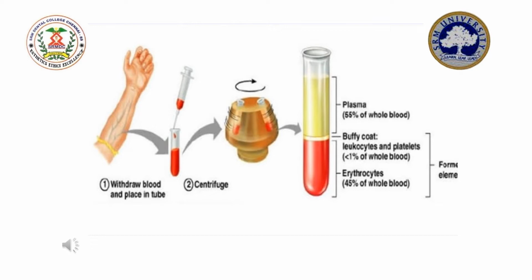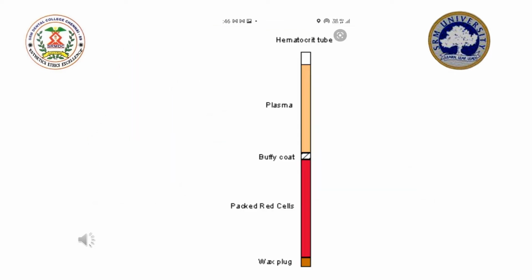Once the centrifugation has occurred, the different layers are noted. The lower layer is composed of packed RBCs.